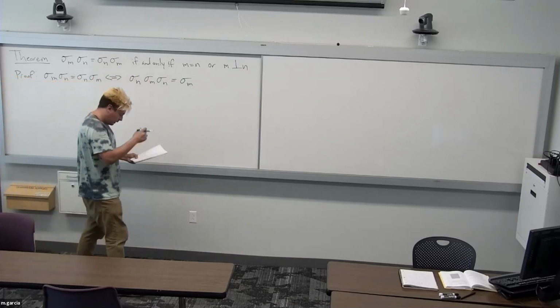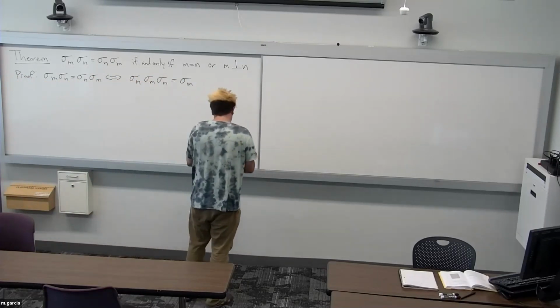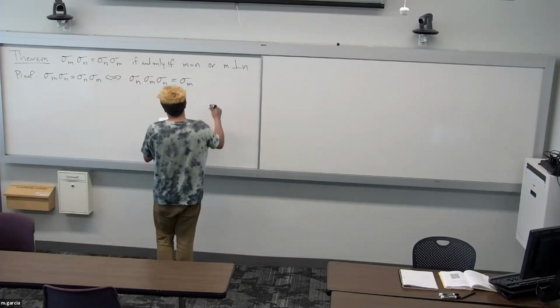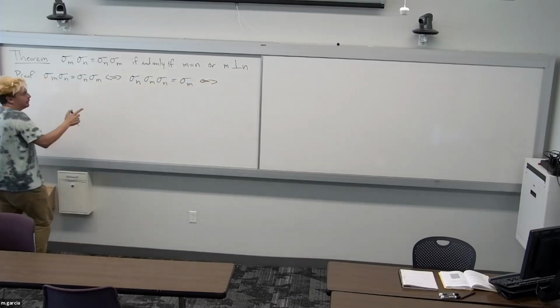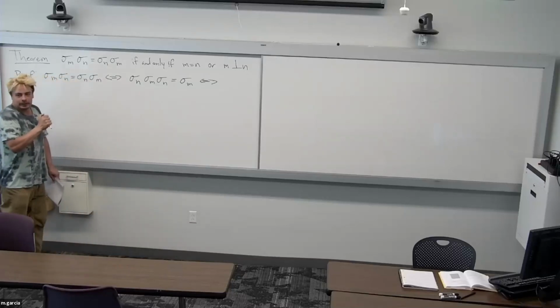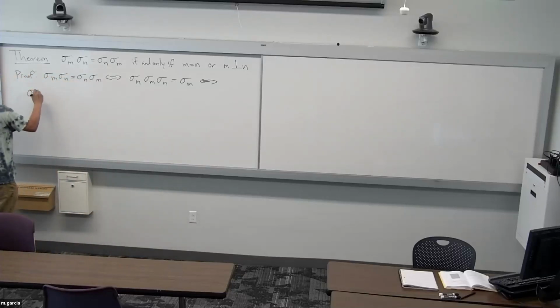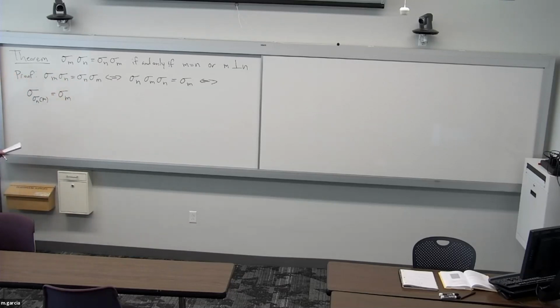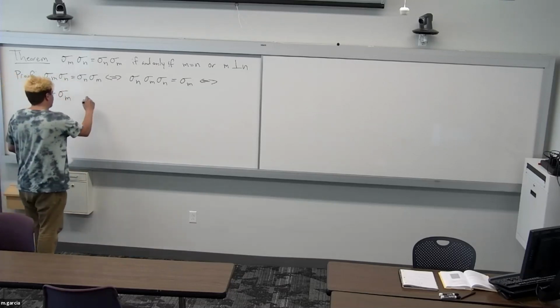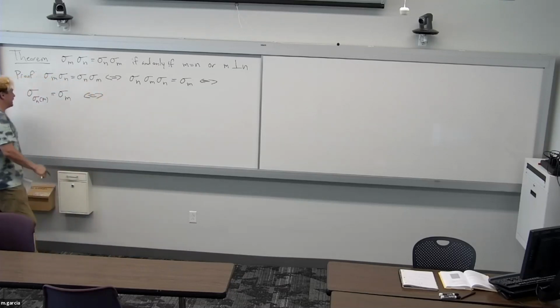Okay, so in other words, what does this mean? Well, now we use our formula for conjugation, right? This would mean that sigma sub sigma_n of m is equal to sigma_m, right? Which of course is the same as saying that sigma_n of m has to be m, right?